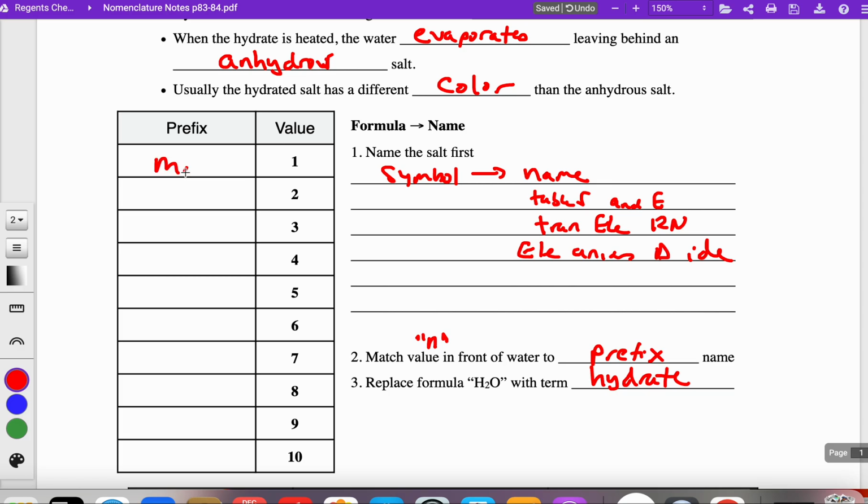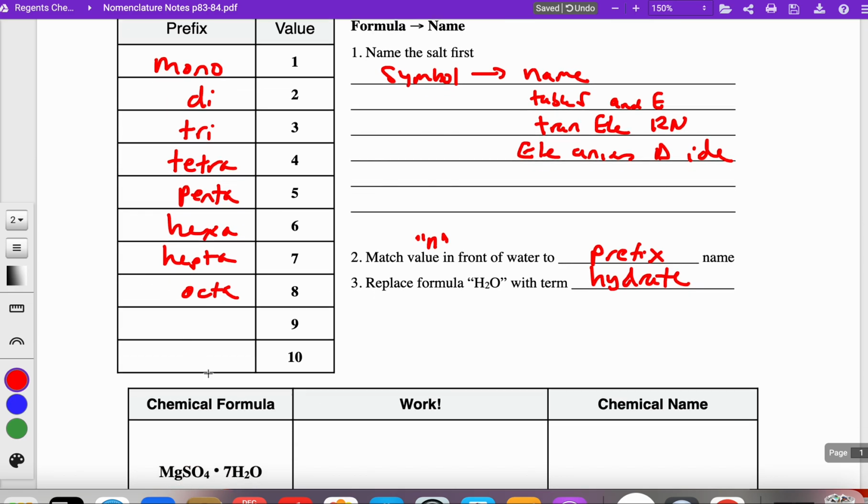So 1 is mono, 2 is di, 3 is tri, 4 is tetra, 5 is penta, 6 is hexa, like hexagon, 7 is hepta, 8 octa, 9 is nona, and 10 is deca.